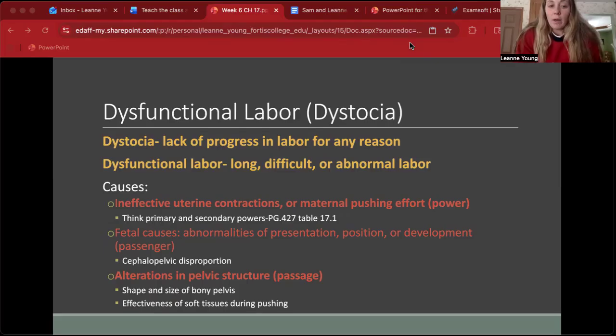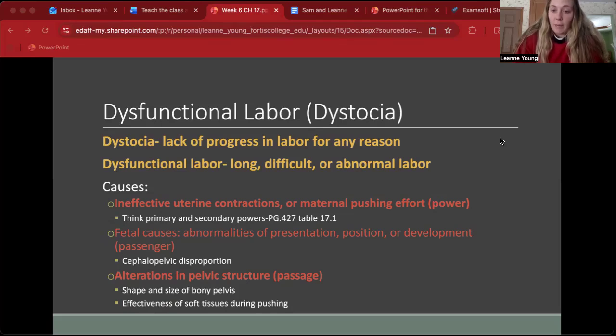Think about our power. Think about our primary and secondary powers. Does she have a hypertonic or hypotonic uterus? What do her contractions look like? Is there a change in the pattern of her contractions, of progression of the infant through the birth canal? Okay. Maternal anxiety, hyperventilation, and loss of control can impact the labor process, right?